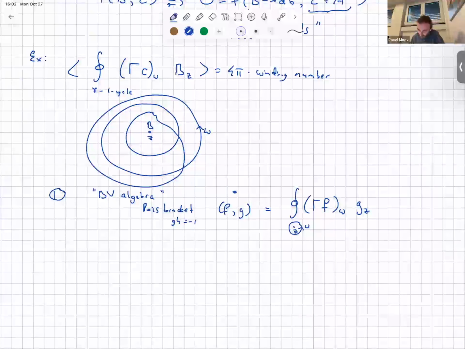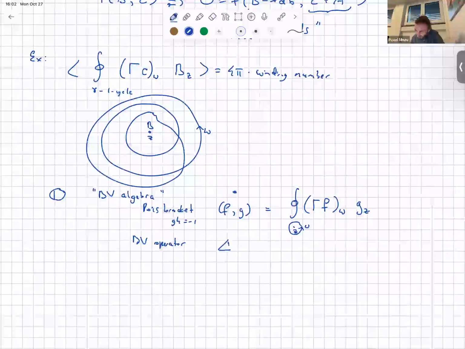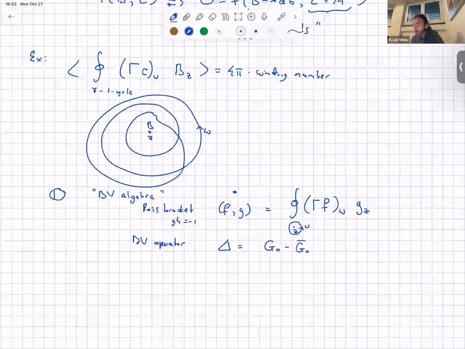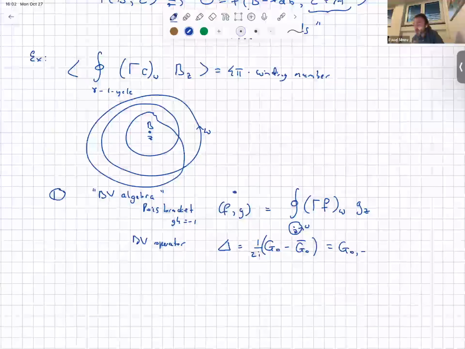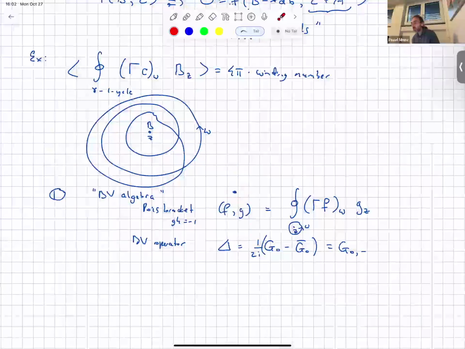And then you have the so-called BV operator, which is given by G0 minus G0 bar up to some factor, 1/2i. It's also called in some notations G0 minus. This is a second order differential operator with respect to this product.